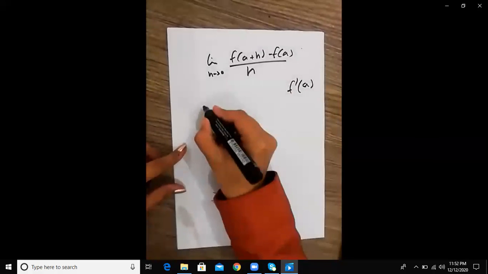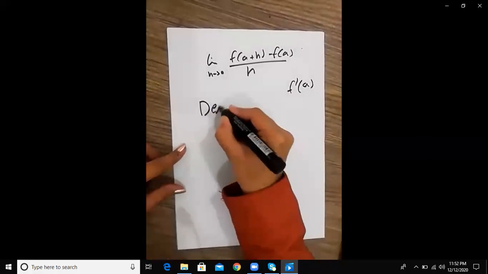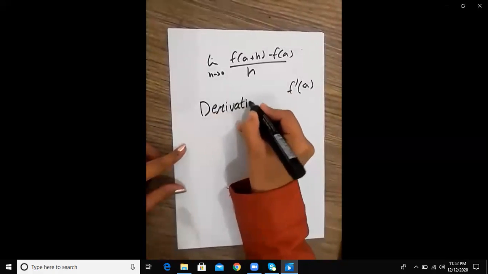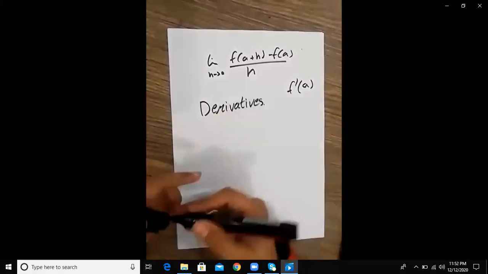And now we will write the definition of derivative.